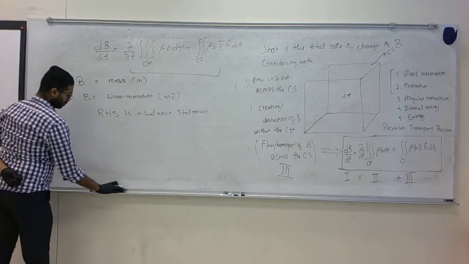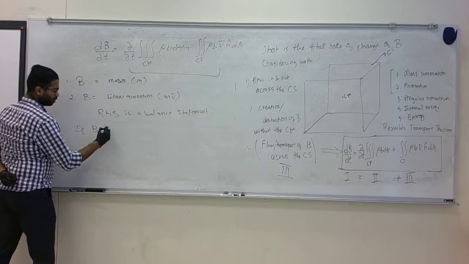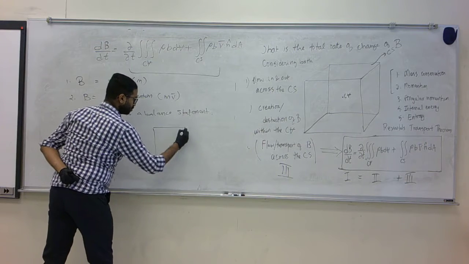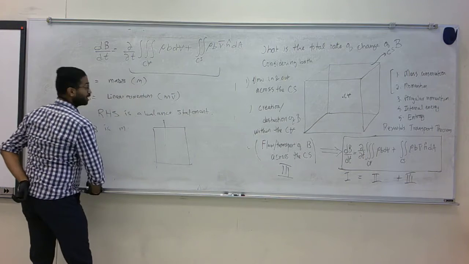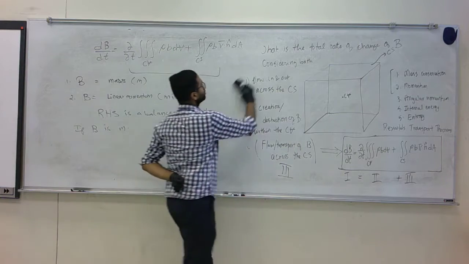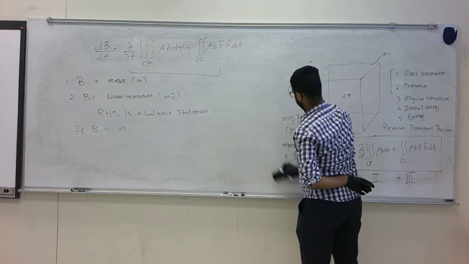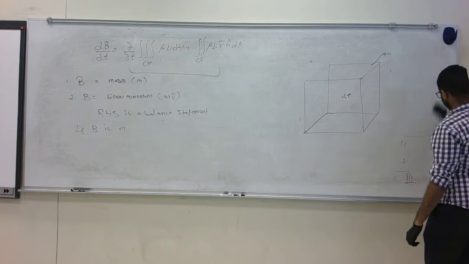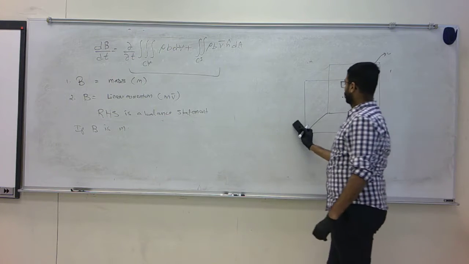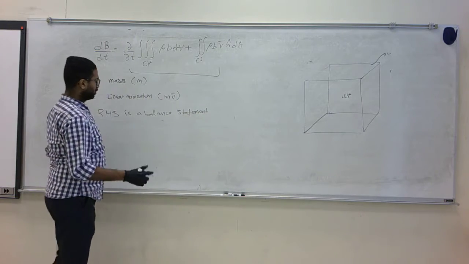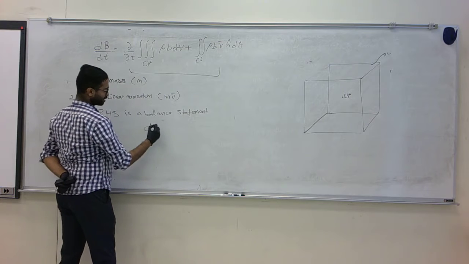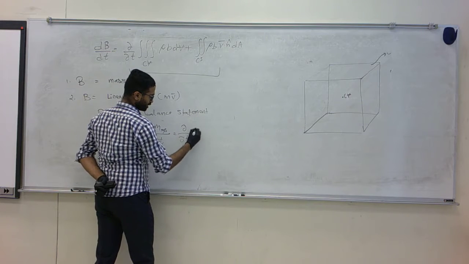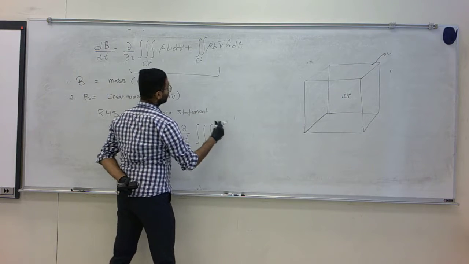Okay. Now for example, if B is taken to be the mass, if you take a volume that is a control volume, I'm going to write dB, mass of the system, divided by dt equals the rate of change of, what is b for mass?